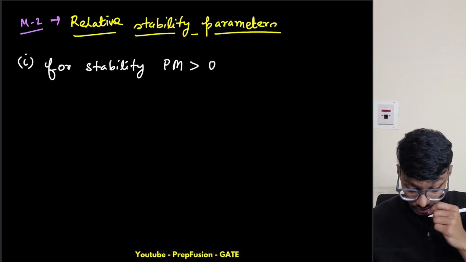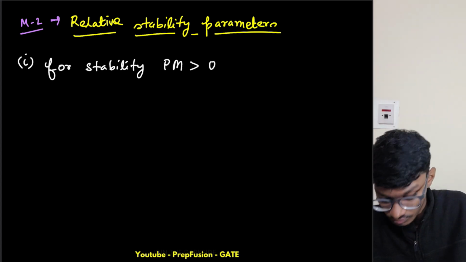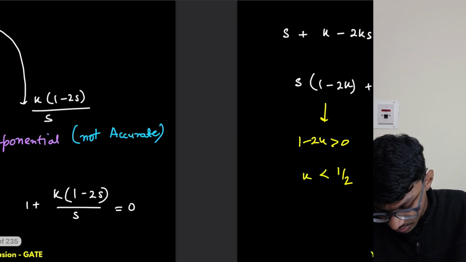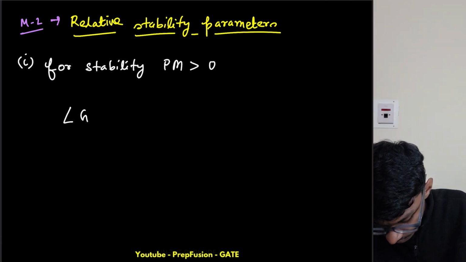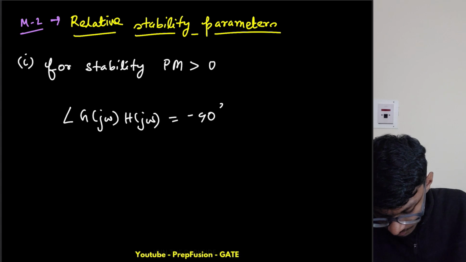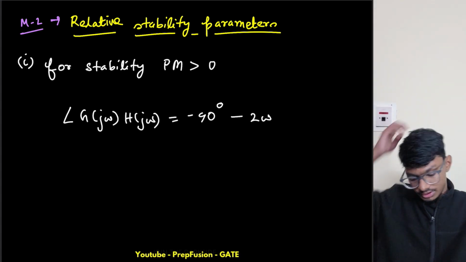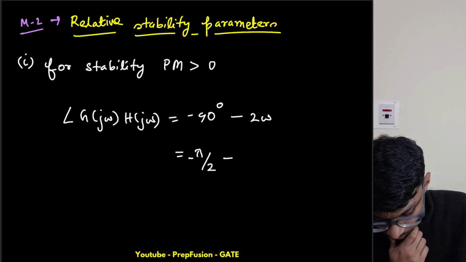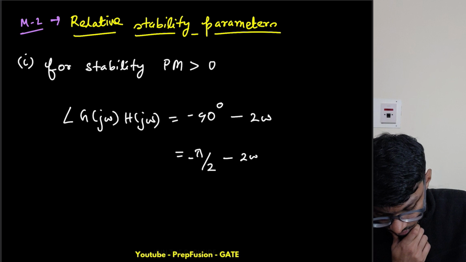So what is the phase? Phase is simply minus 90 minus 2 omega. Let me write this in radian format, pi by 2 and 2 omega. I'm writing this directly now.